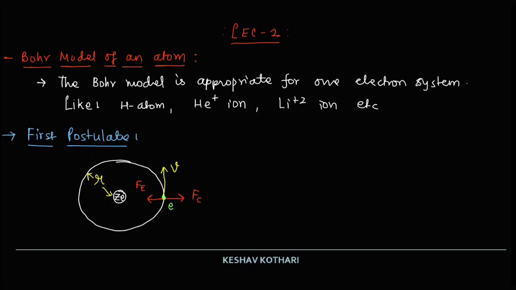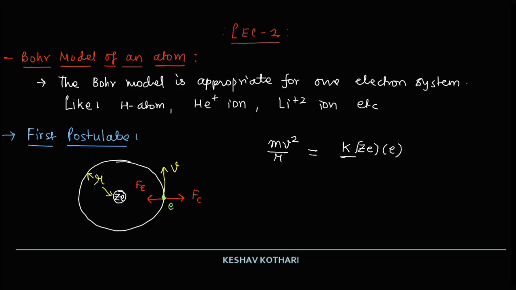Over here, if I write the force equation, mv square upon r is equal to the electrostatic force, which is written as k q1 q2 by r square.